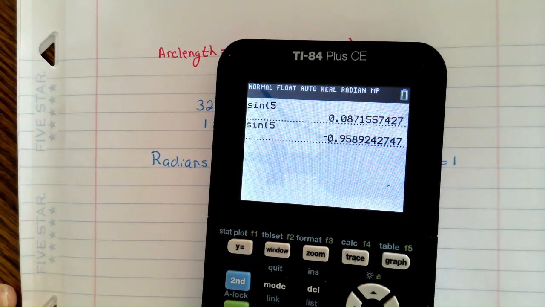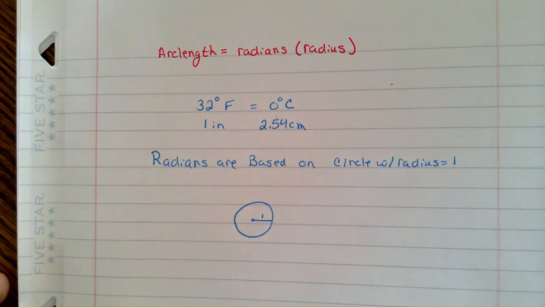So this is why you have to make sure your calculator and your brain are in the same language, because saying 9 in English and 9 in German, they mean very different things, even though they sound alike. So the same thing here, make sure we know what language we're talking about when we're talking about our angles. 32 degrees in America is cold, 32 degrees in Europe, not so cold, right? So keep that in mind.